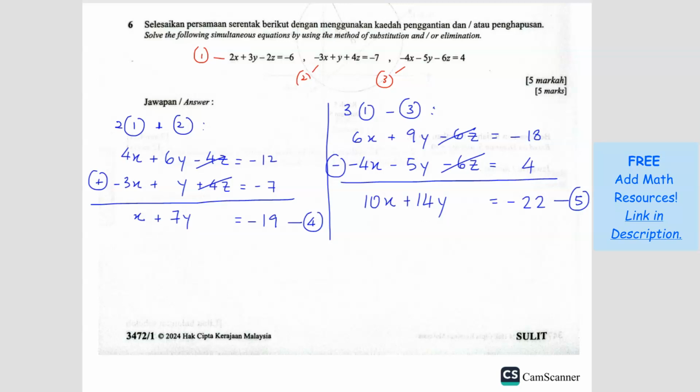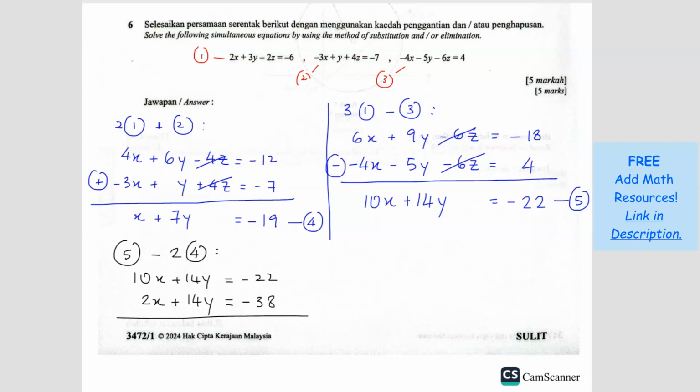I'm going to take the fifth equation, which is 10x plus 14y equals negative 22, and the fourth equation times 2, so 2x plus 14y equals negative 19 times 2, which is negative 38. Both 14y are positive, so you do the opposite.